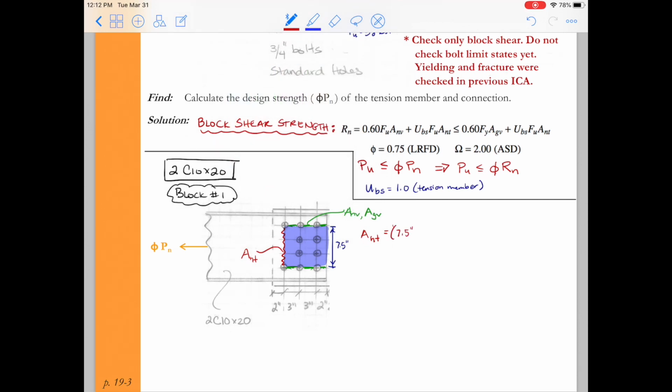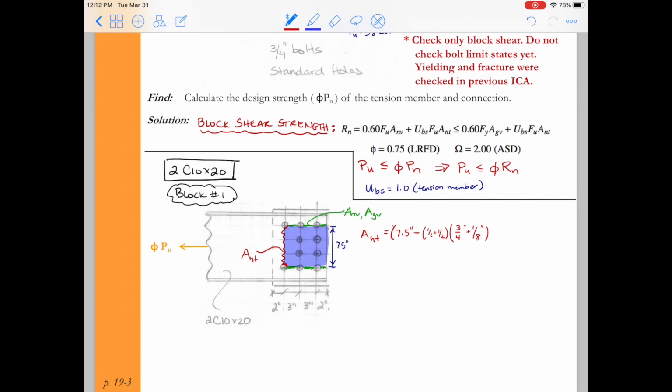So in this particular problem, the width is 7.5 inches, but then we have to subtract out the bolt holes. Now, we have the bolt hole at the top of the red line, and we have the bolt hole at the bottom. But along that net tension area, we're only really going through half a bolt on the top and half a bolt on the bottom. So I'll write that in here as half plus a half. So it's going to be one bolt hole that we have to lose because of that net tension area.